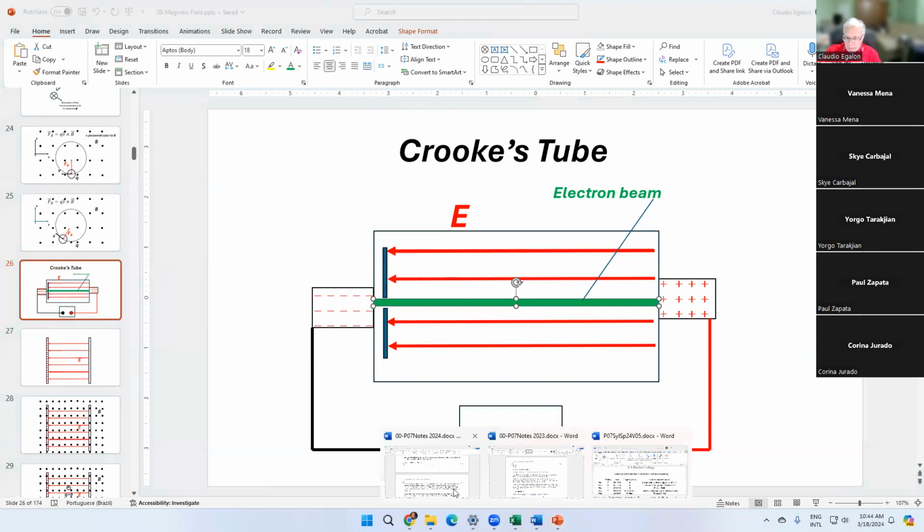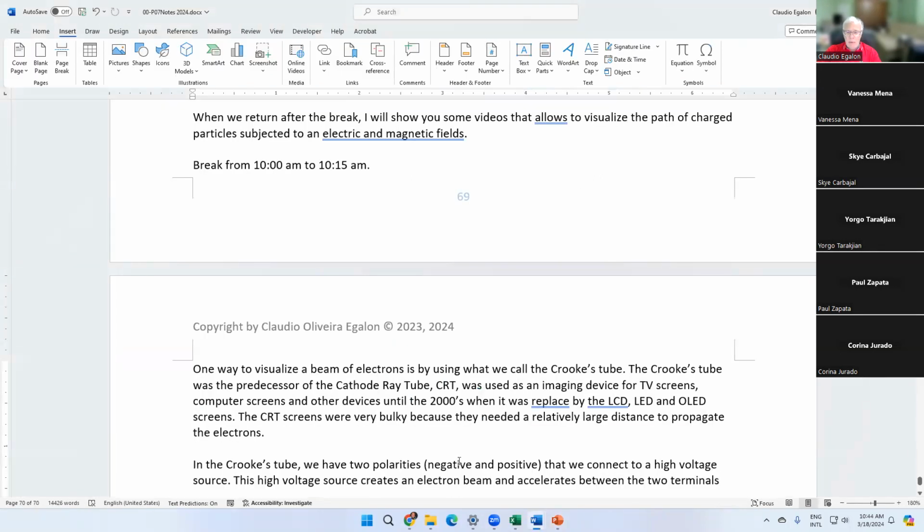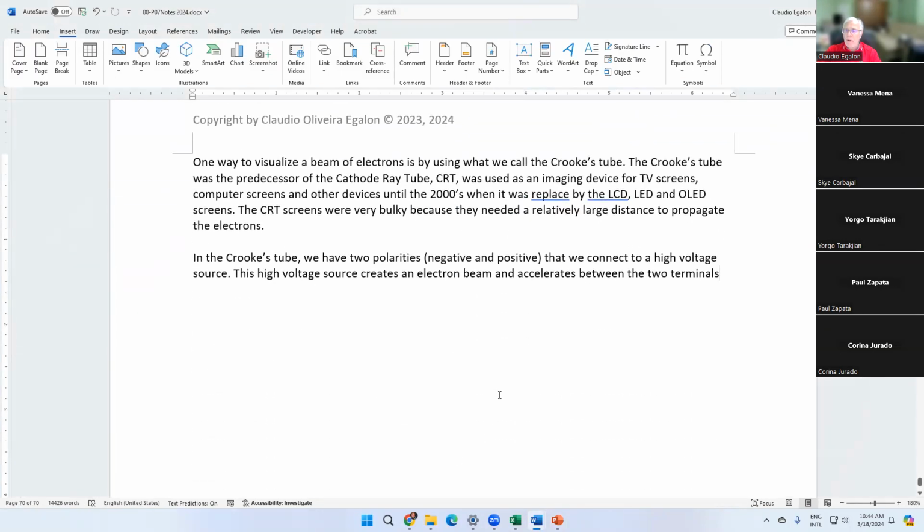Going back. Okay, in the Crookes tube we have two polarities, negative and positive, that we connect to a high voltage source. This high voltage source creates an electron beam and accelerates the beam, right? Between the two terminals.